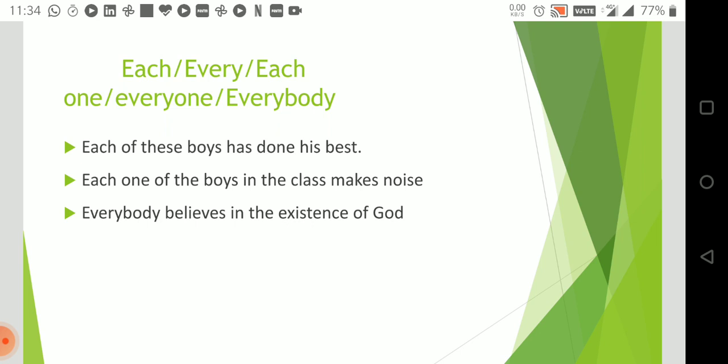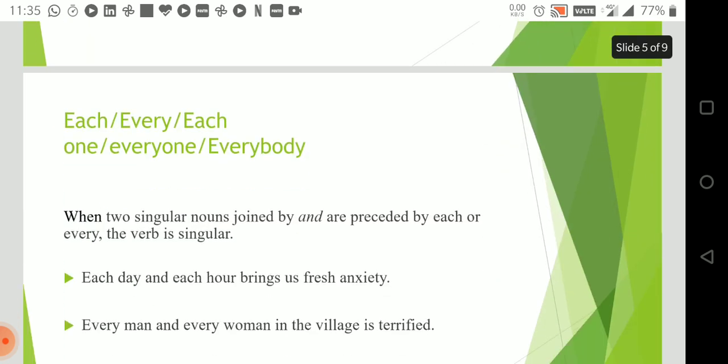Each is a singular noun and the verb is has, which is also singular. On the other hand, we can also say every one of the boys in the class makes a noise. Every one here is considered to be a singular noun and therefore has been used with a singular verb.